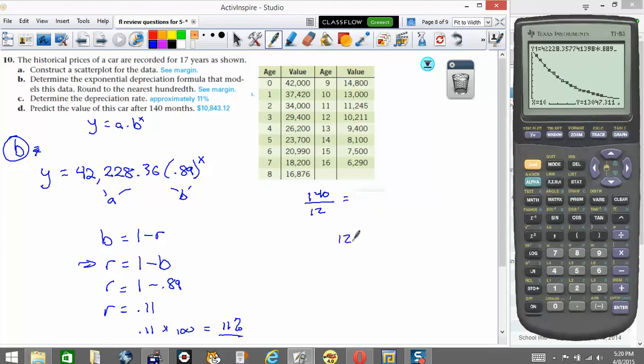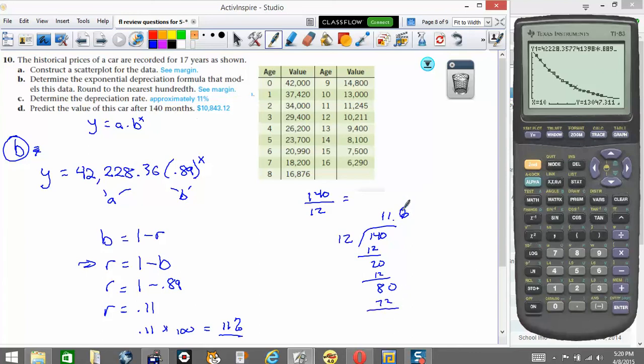Let's see, 12 into 140. There's once, 12, 20, once, 12, 8, down 0, 6, 72, 18.